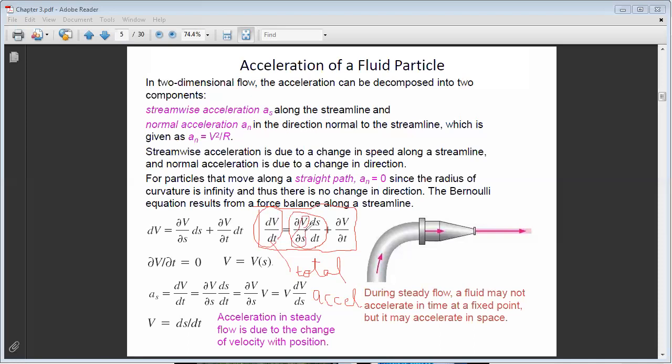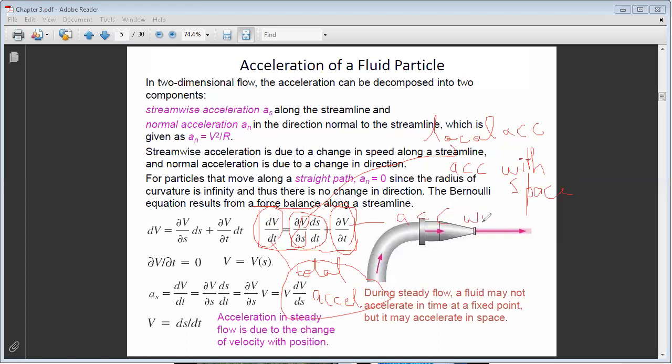This is why I told you in flow fields we talk about acceleration with space and acceleration with time, and the total acceleration is equal to the summation of both. So this term is called the convective acceleration, or acceleration with space. And this term is the local acceleration, the acceleration with time.